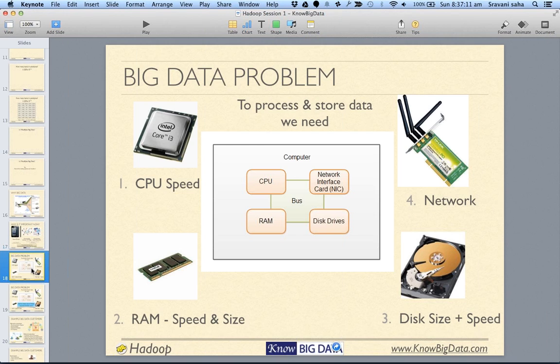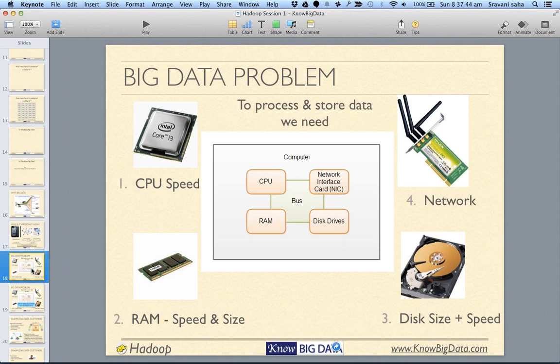The four pillars of computing, or the four components that matter whenever you want to do any kind of processing, are the four things that you would require at one point of time or another. First one is the CPU, which we all know. Second is RAM. And when we say RAM, there are two characteristics, the size and the speed at which the CPU can read the data from it.